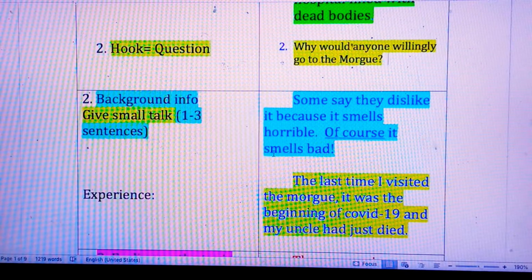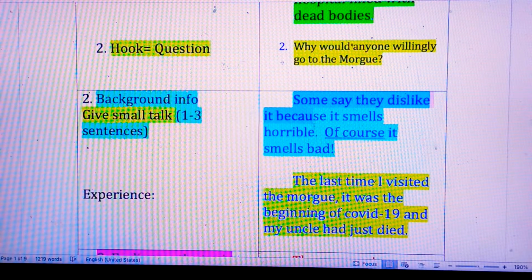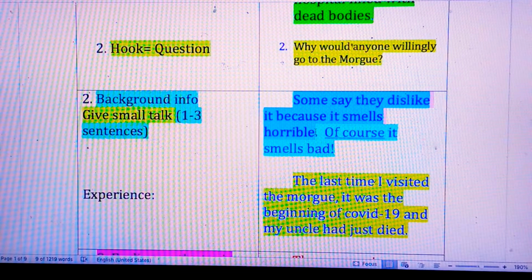So the background information is anything you overheard in conversation about a particular topic, anything you may have heard in the news, anything you may have read in a book that you remember, and it would be suitable to use as your background information. Here's an example of how the student used background information. "Some say that they dislike it because it smells horrible." So the student gives some of the opinions of others as it relates to the morgue.